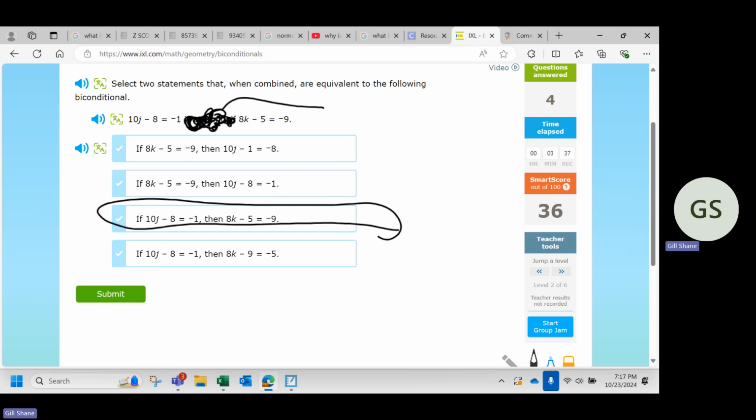That is the same exact statement written just with a normal if and then. Now I write the converse of that. So the converse would have 8K subtract 5 equals -9 first, and then 10J subtract 8 equals -1 second. So that's this. Those are your two answers.